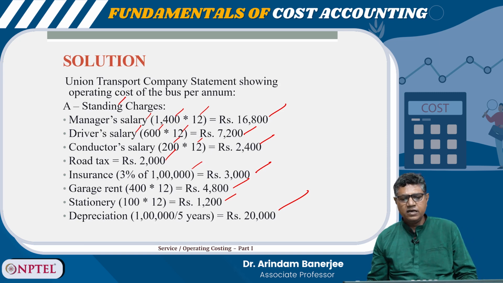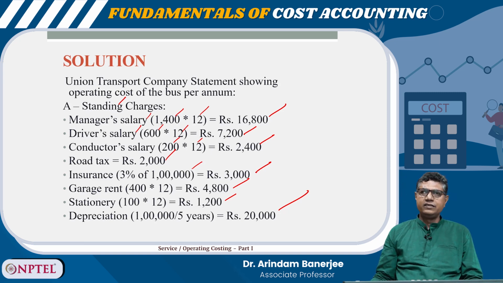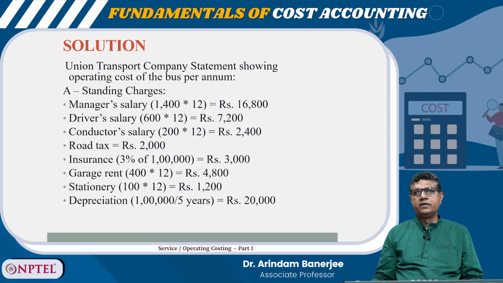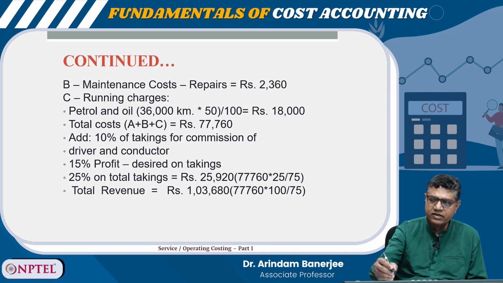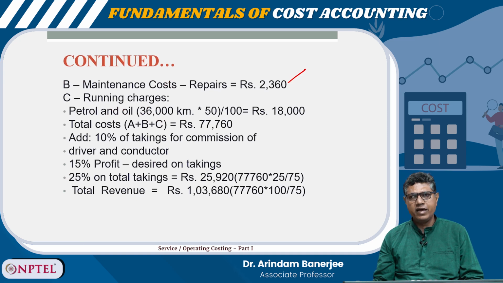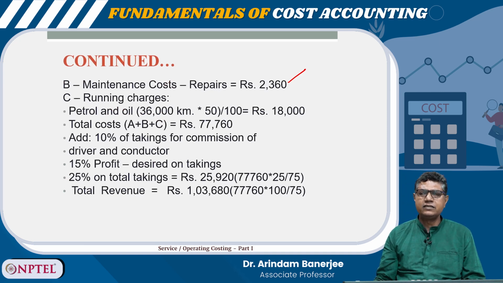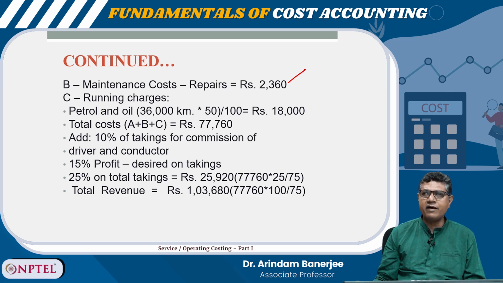So, these are my costs, the standing costs. These are the costs which the company will incur even if the bus doesn't run, per year. Okay. Now, there are maintenance costs and repairs. It is given as 2360 rupees. Running charges are actually variable costs. These costs usually are incurred when the bus actually moves on the road, when traveling.